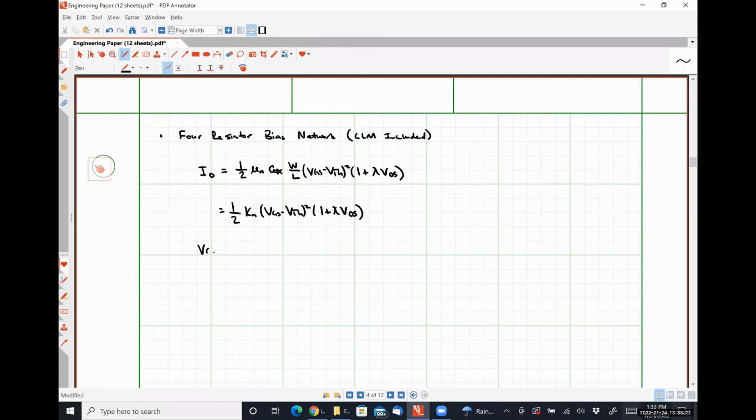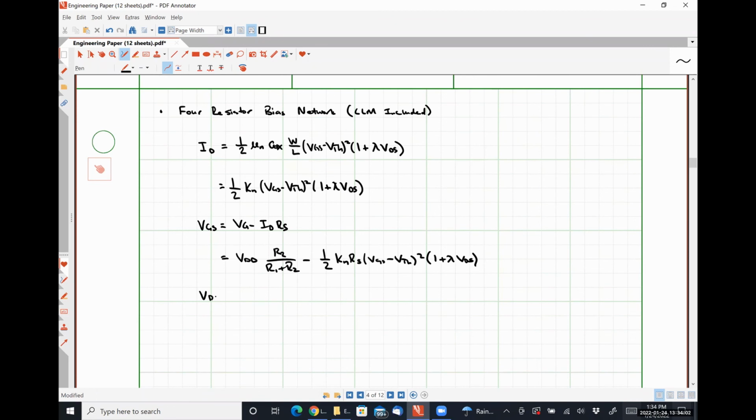We get VGS is equal to VG minus ID RS, which becomes VDD times R2 over R1 plus R2 minus 1/2 Kn RS (VGS minus VTH) squared (1 plus lambda VDS). We apply KVL to the right-hand side.